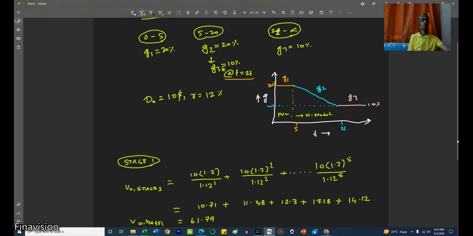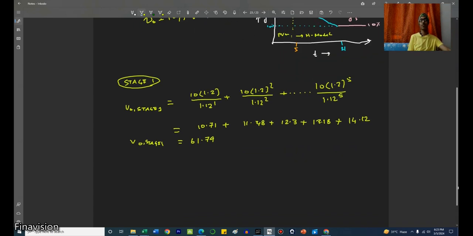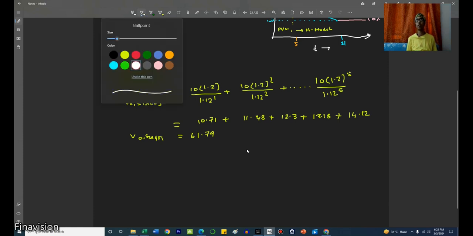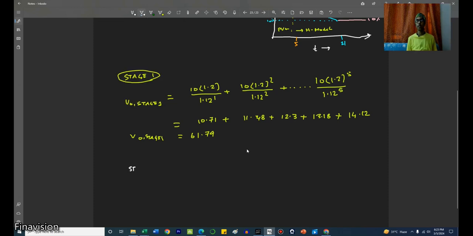So the present value till stage 1 stands at 61.79. Let us now calculate what is the value at stage 2. Stage 2.